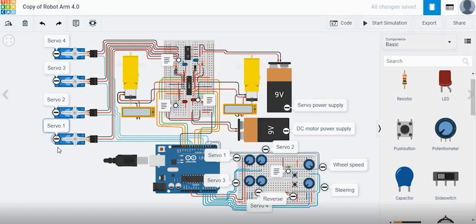Simply, if given 3 axes, X, Y and Z, servo 1 will move along the X axis, servo 2 will move along the Y axis, and servo 4 and servo 3 will control the open and close of the claw. So let's move to our simulation.